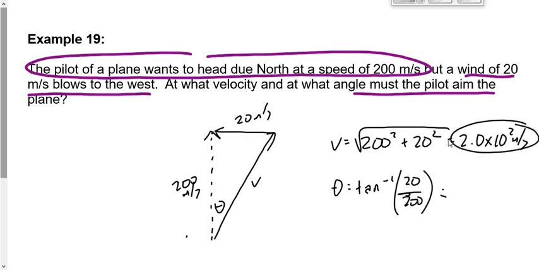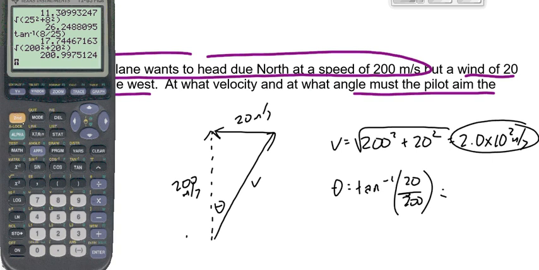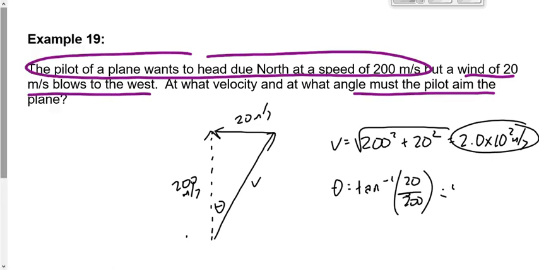And theta is the inverse tan function of 20 over 200. This is going to give a really small angle, I think. Yeah, 5.7 degrees. And this would be 5.7 degrees east of north.